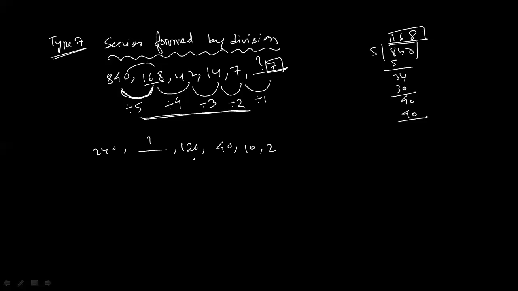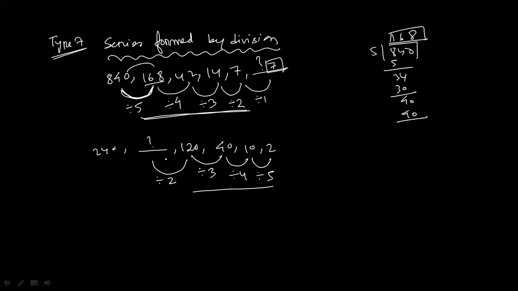If you look at the series, 120 by 40, if you divide 120 by 3, it will be 40. Then if you divide 40 by 4, it will be 10. If you divide 10 by 5, it will be 2. Now see, the dividers are increasing: 3, 4, 5. So the next will be 2.